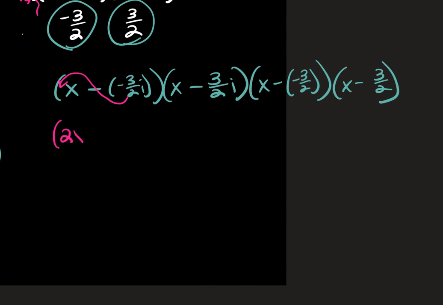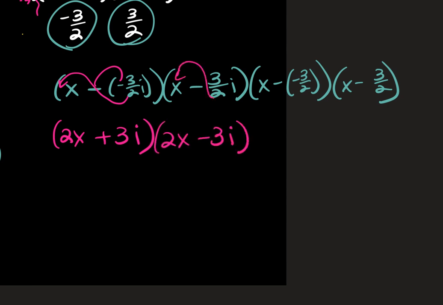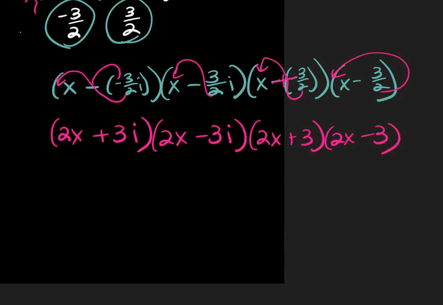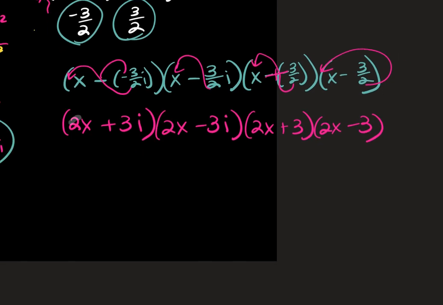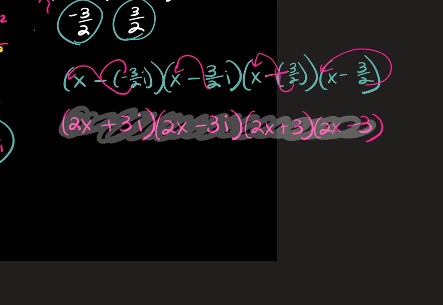This becomes 2x minus a negative becomes plus 3i. This 2 comes over here, 2x minus 3i. 2 comes over here, minus a negative becomes positive, 2x plus 3. 2 comes over here, 2x minus 3. And there's my product of linear factors.